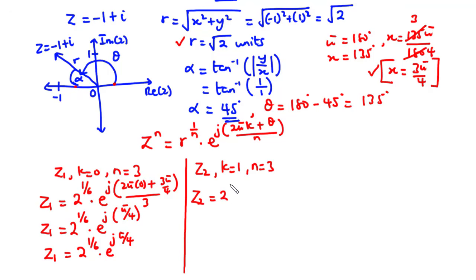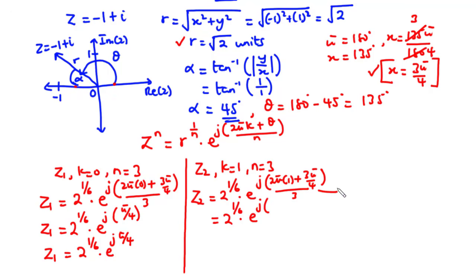So we have 2 exponent 1 over 6 times e exponent j, inside of the bracket, we have 2 pi, this time k is 1, plus the angle in radians 3 pi on 4, all divided by 3.